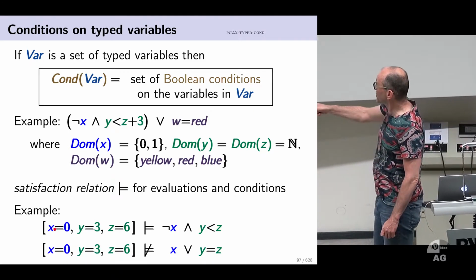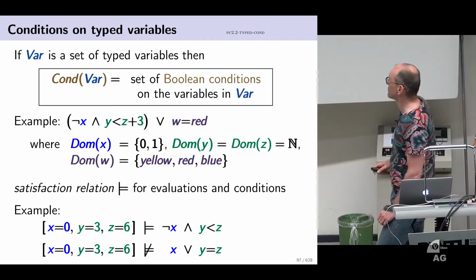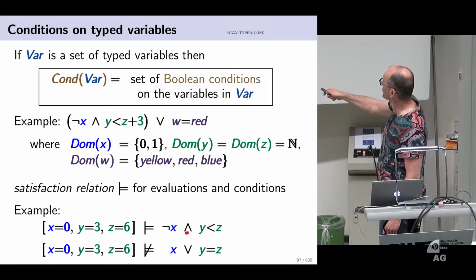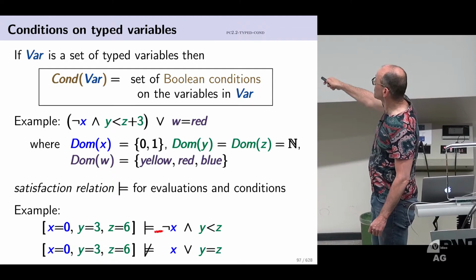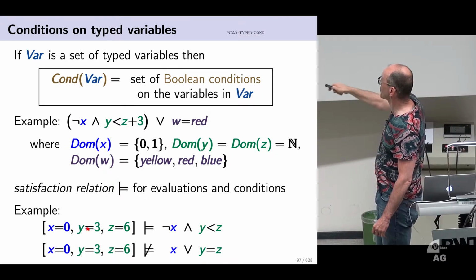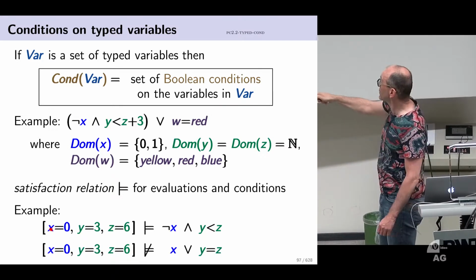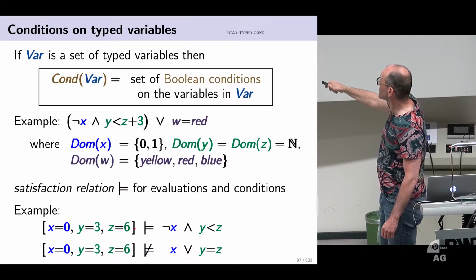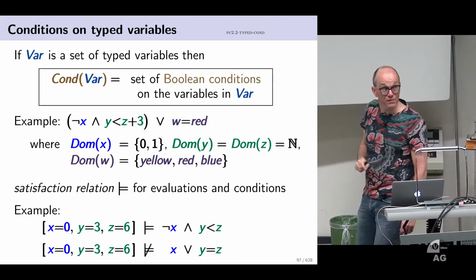Suppose that the current state tells you that x equals 0, y equals 3, and z equals 6. Now I would like to check whether this condition holds. Of course, not x holds because x equals 0. And of course, y is less than z because 3 is less than 6. That means that this state satisfies this formula. That's the way to read this.